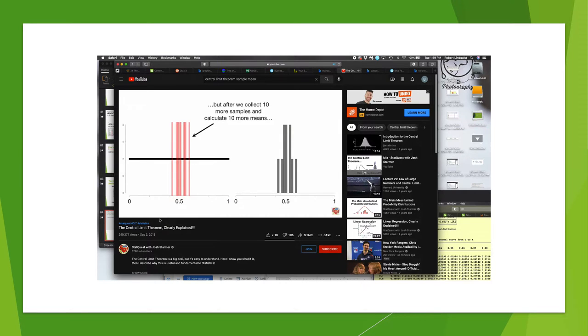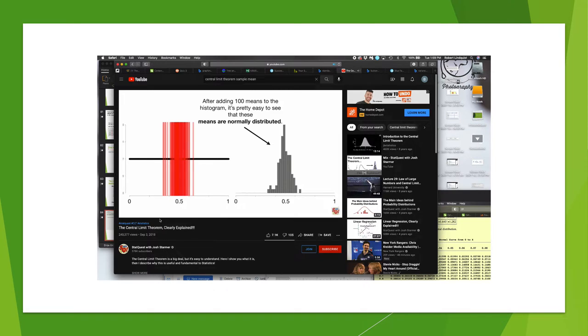But after we collect 10 more samples and collect 10 more means, the histogram starts to look a little more interesting. Here's the histogram after collecting 20 samples and calculating 20 means. 30 means, 40 means, 50 means, 60 means, 70 means, 80 means, 90 means, and 100 means. After adding 100 means to the histogram, it's pretty easy to see that these means are normally distributed.